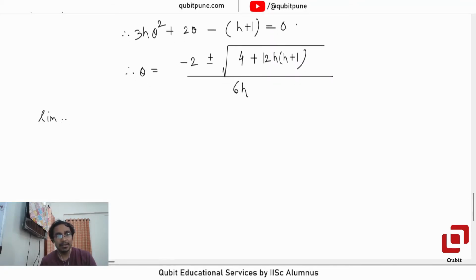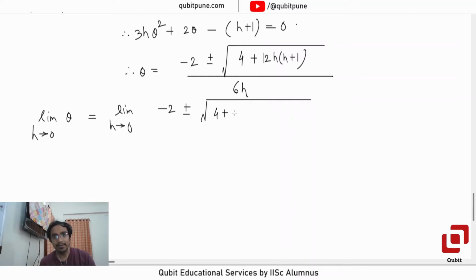Let's now take the limit of θ as h tends to 0. Limit h tends to 0 of negative 2 plus or minus root of 4 plus 12h squared plus 12h, upon 6h. Now look, this limit exists.